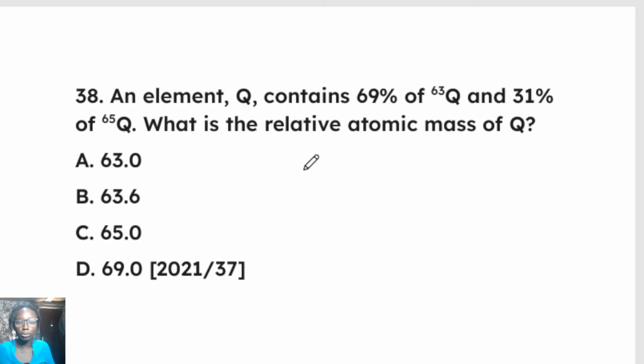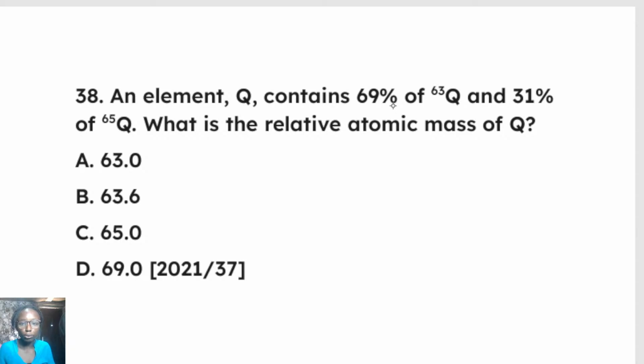Let's just go to question 38. It says, an element Q contains 69% of Q63 and 31% of Q65, and it's asking us for the relative atomic mass. Remember, the relative atomic mass is an average of the different isotopes of an element.